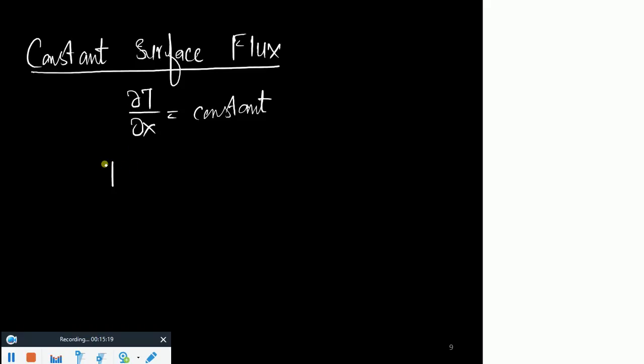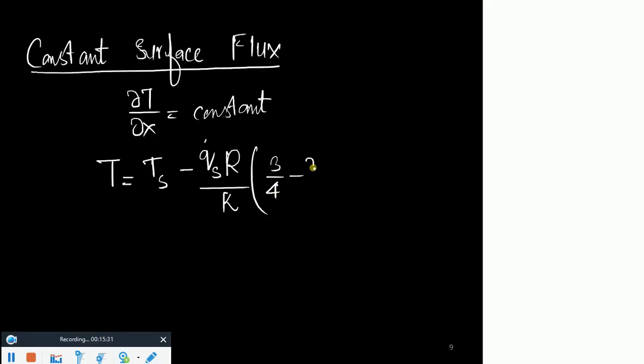The final solution for a circular pipe is T equals Ts minus q dot s R over k, 3 by 4 minus r squared over R squared plus r to the power 4 over 4R to the power 4. This capital R is the maximum radius, remember that. So this is how you can find out the temperature profile inside the fluid.